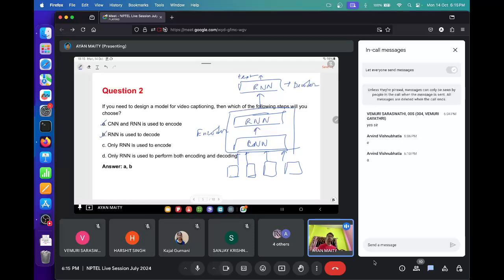So the decoder contains only RNN, but the encoder should contain both CNN and RNN, because it's video captioning. If it was image captioning, then we wouldn't need the RNN part in the encoder. But as it is a video, we have a sequence of frames or images. That's why we also need the RNN part here. So options A and B, these two options are correct.